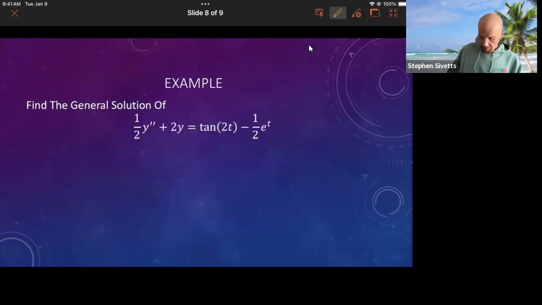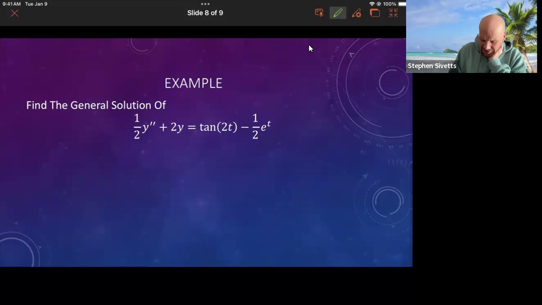I'll do one more example. Okay. How about this one? So now this time we have 1/2 y double prime plus 2y equals tangent of 2t minus 1/2 e to the t. If you want to pause the video, I'm going to solve this right now.